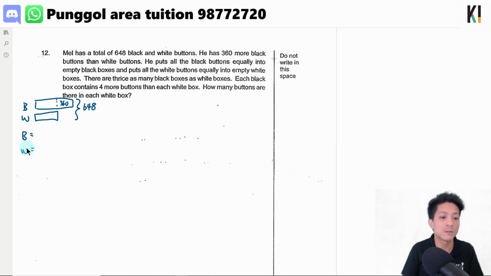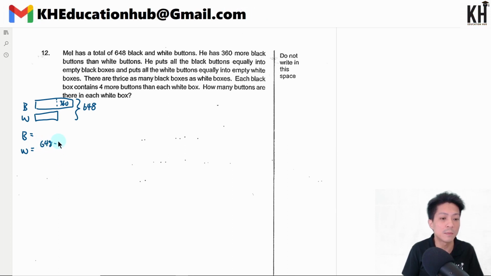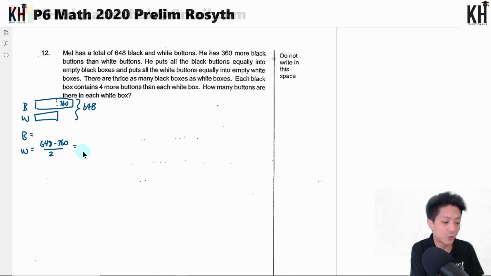To figure out the white, you just need to use 648 minus 360, divided by 2. 648 minus 360 divided by 2 will be 144.